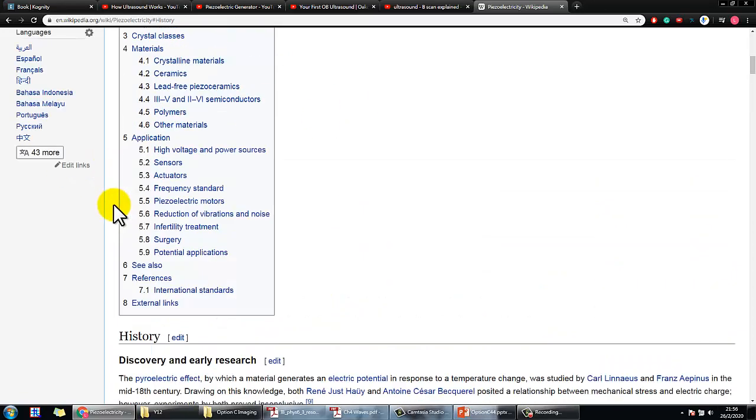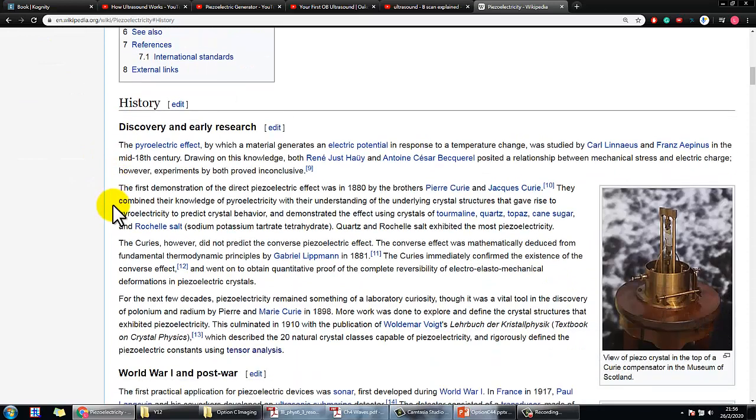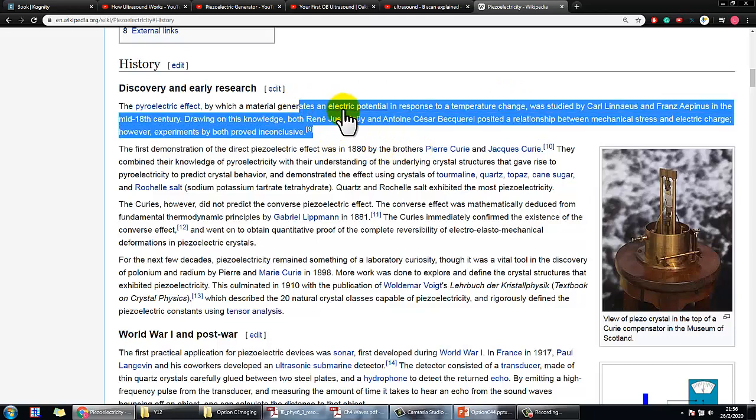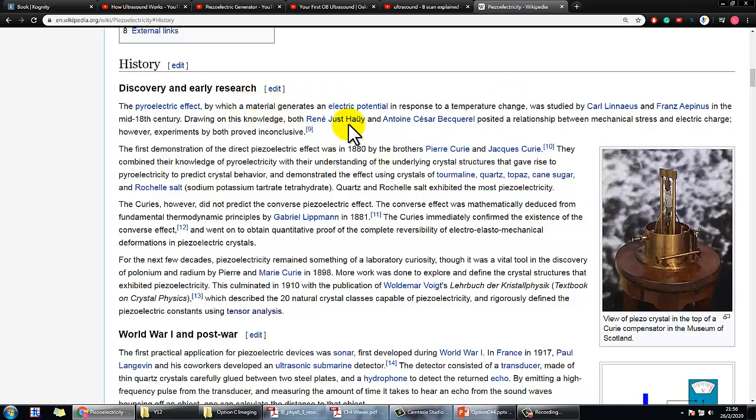Okay, so for the Wikipedia, something I would like to share with you may not be very important for your IB exam, however, is the discovery of piezoelectricity. It was actually discovered and demonstrated more successfully. You can see there are some other people who tried to work it out, but it was not very conclusive.